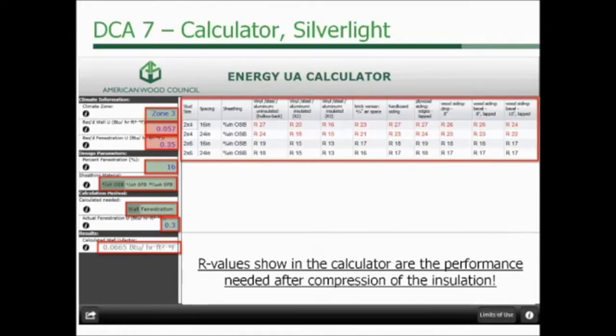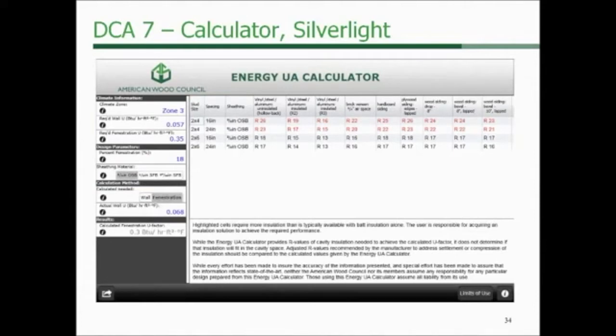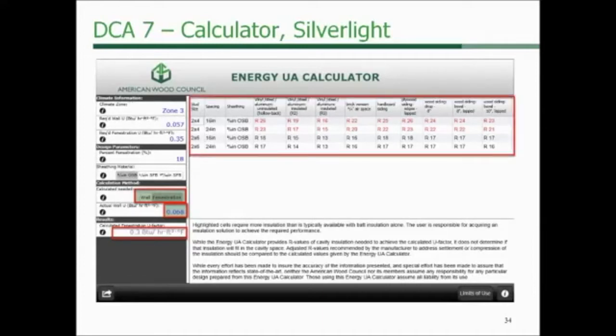Okay. So this is going the other direction now. So I clicked on fenestrations. And remember, I wanted to use a 0.068 wall, and again, it's showing the 0.3 fenestration value. What's cool about this is I picked what wall U factor I wanted, right?